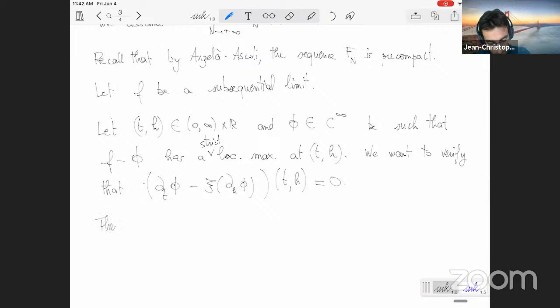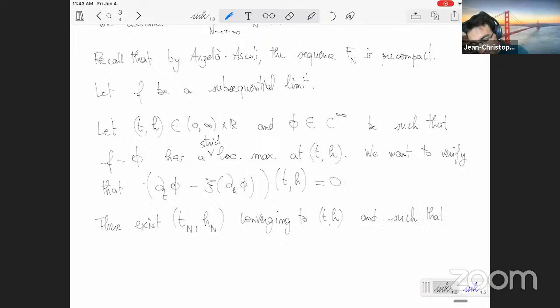So there exists (t_n, h_n) converging to (t, h) such that f_n minus phi has a local maximum at (t_n, h_n).